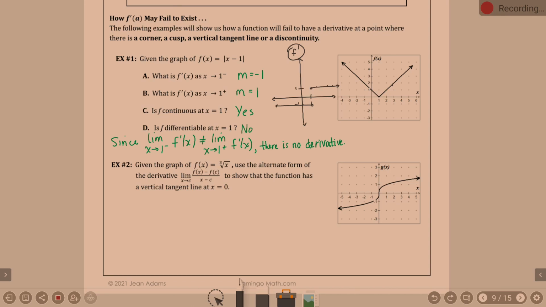Now, one thing that we'll catch on to eventually is that when you look at a function and its derivative, a derivative is always a power lower. So a slant line like this is x to the first.